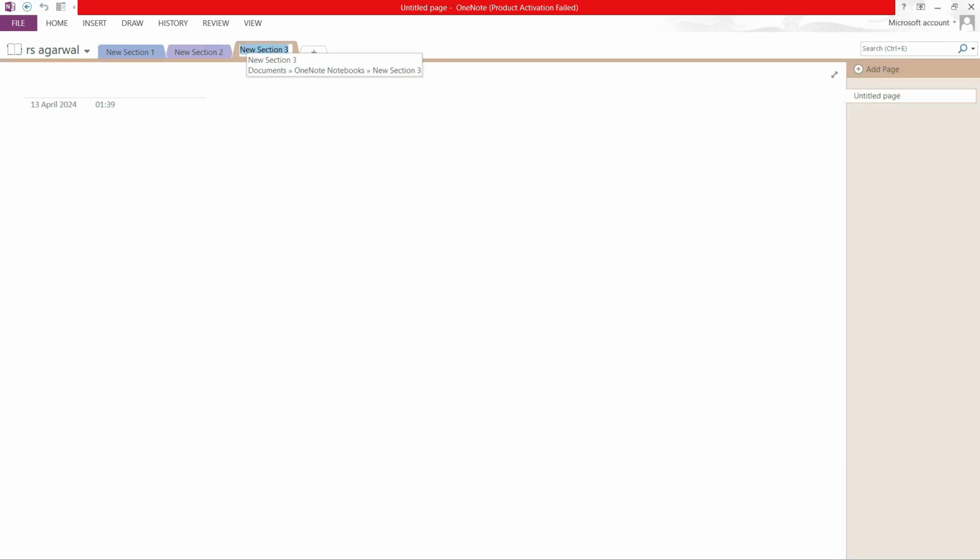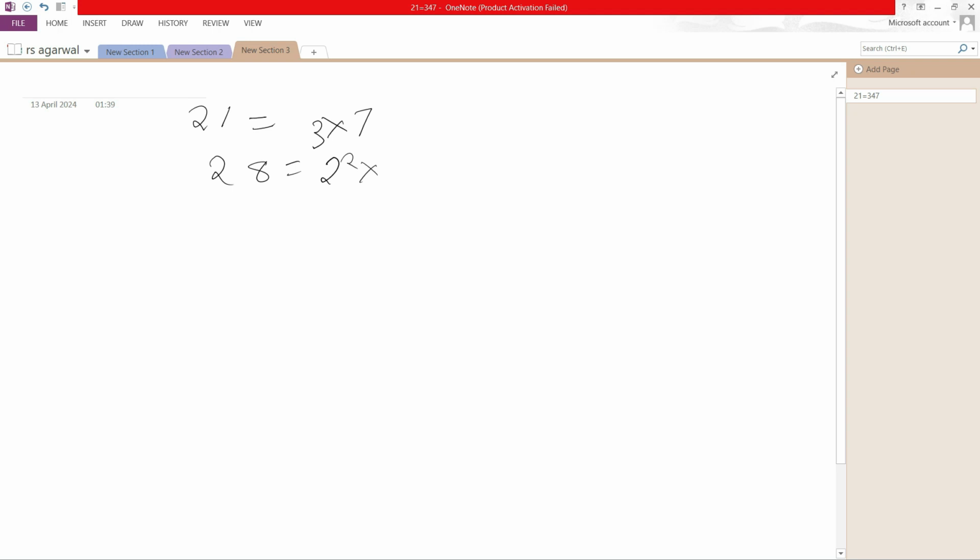Then sixth question, that is 21, 28, 36 and 45. So we'll take 21 equal to 3 into 7. After that 28 is equal to 2 square into 7. 36 is equal to 2 square into 3 square. 45 is equal to 3 square into 5.